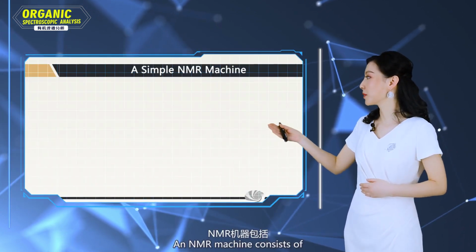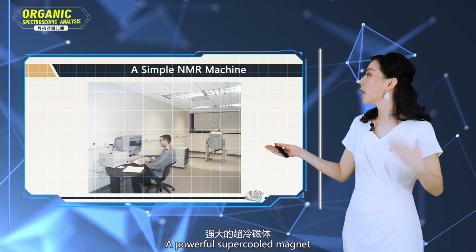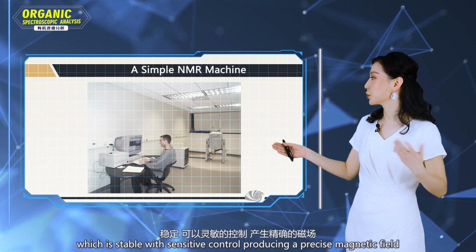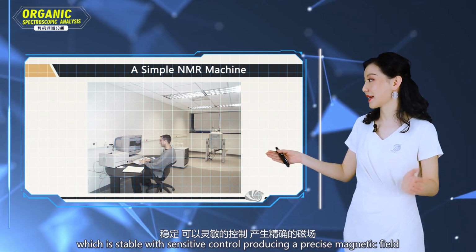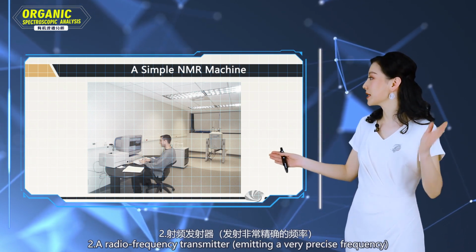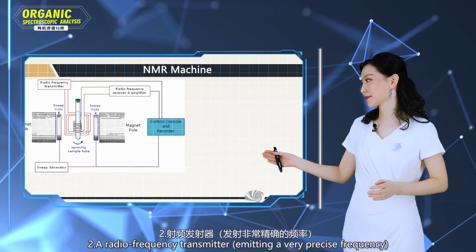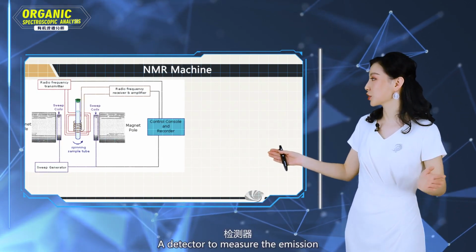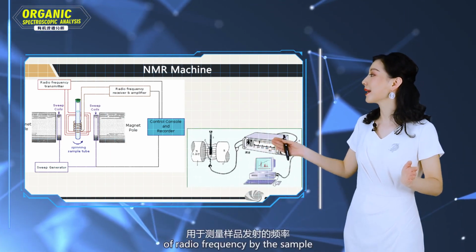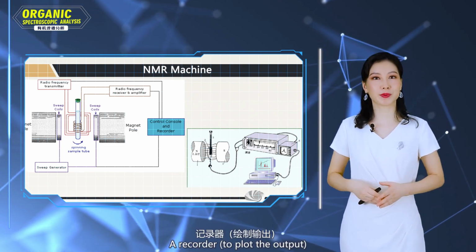An NMR machine consists of a powerful supercooled magnet, which is stable with sensitive control, producing a precise magnetic field. Secondly, a radio frequency transmitter emitting a very precise frequency. And a detector to measure the emission of radio frequency by the sample, and a recorder to plot the output.